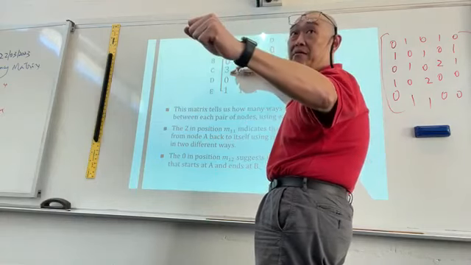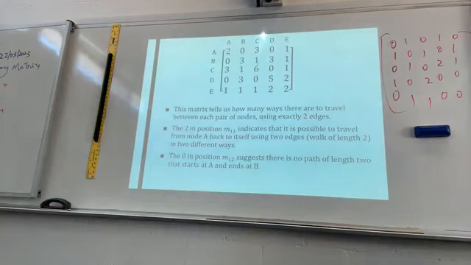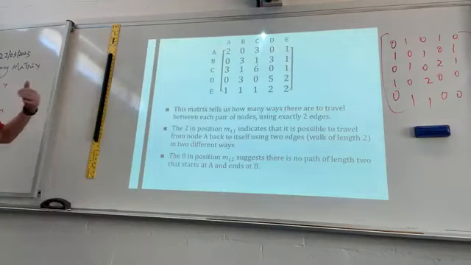All right. So there are questions that will ask you, instead of you calculating the power, they will tell you it's M squared 3 1. What is that? Or M cubed 3 1. So here, the 2 in the position M11 indicates that it is possible to travel from node A back to itself using 2 edges, a walk of length 2.